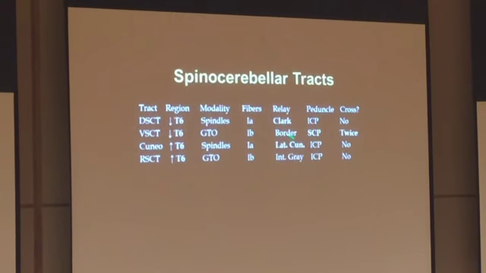You don't need to know any of the relay nuclei except for this one. You have to know Clark's nucleus, and that is the relay nucleus for the dorsal spinocerebellar tract. The dorsal spinocerebellar tract and the 2 for the upper extremity all go through the inferior cerebellar peduncle. So again, the unusual feature here is that the ventral spinocerebellar tract goes all the way up to the superior cerebellar peduncle and then crosses over. So 3 out of the 4 do not cross.